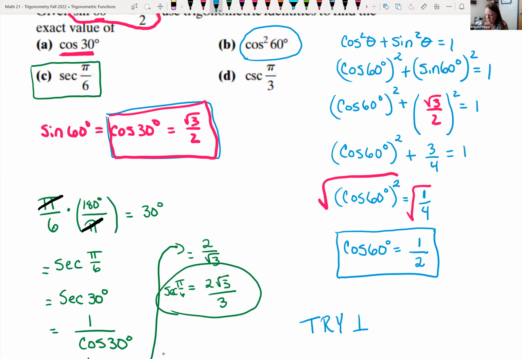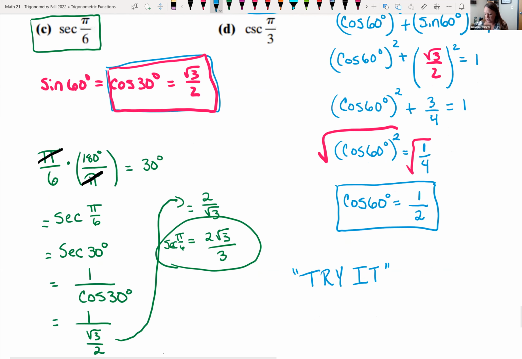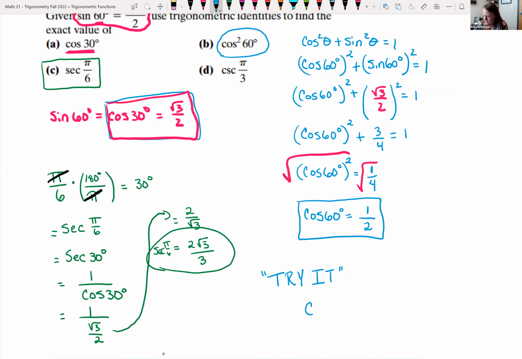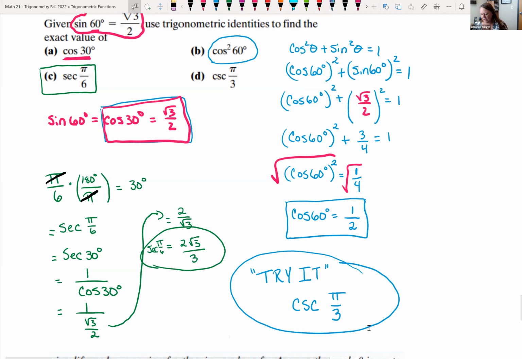So you guys try it now. See if you can use what we've been doing to figure out what cosecant of pi thirds is. So you can use parts A, B, and C. There are answers there if you need them for that piece.